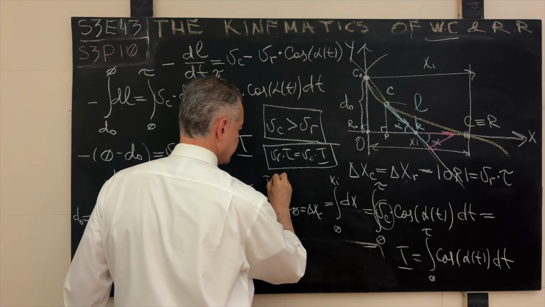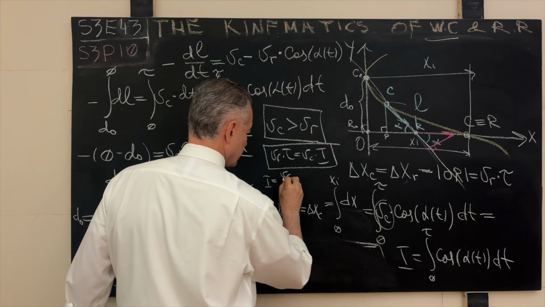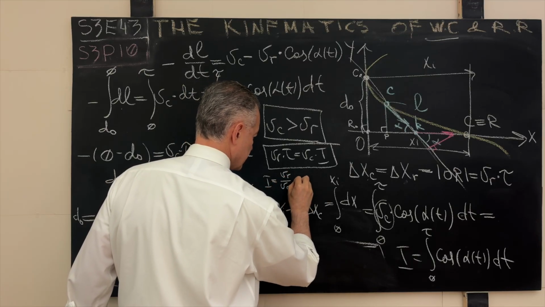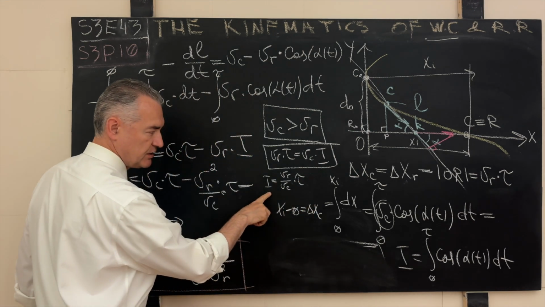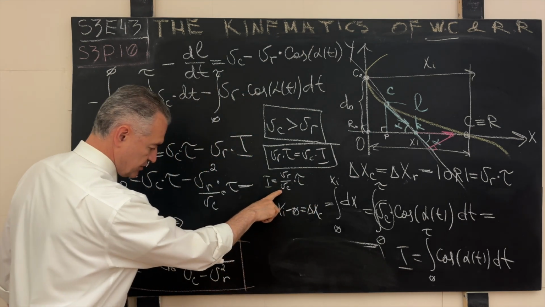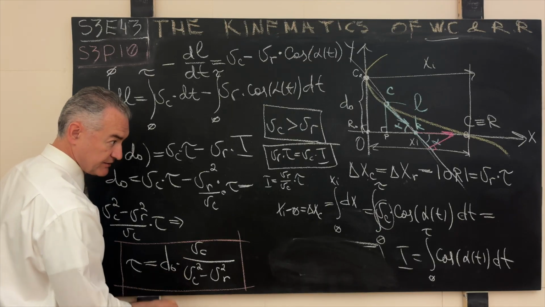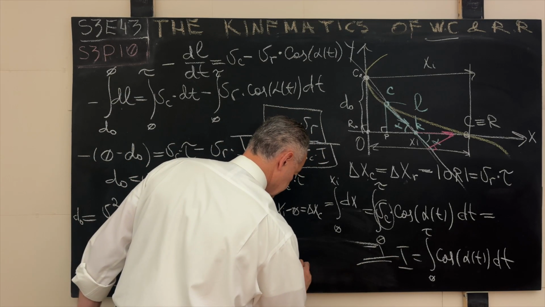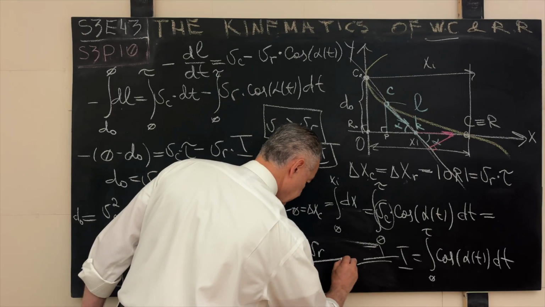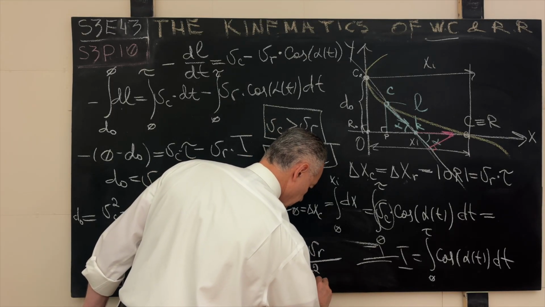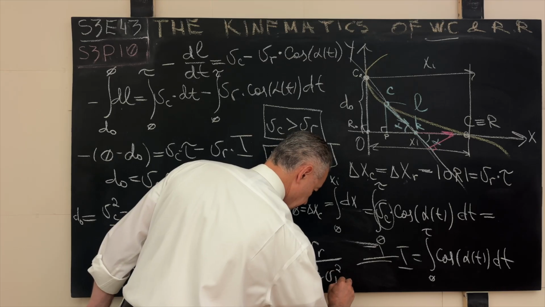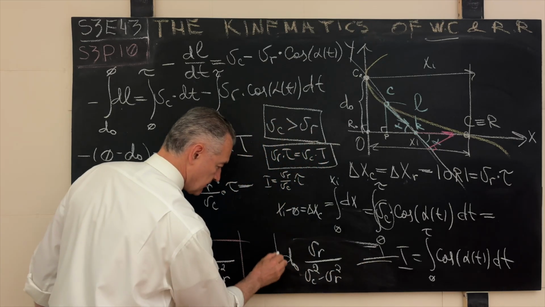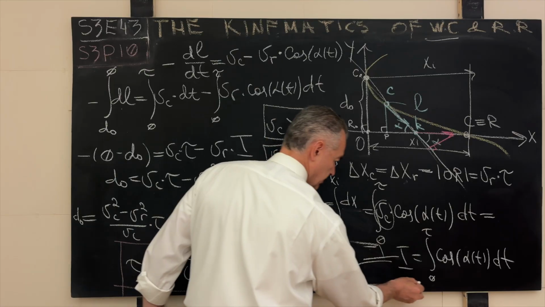So here I is equal to velocity of the runner divided by the velocity of the chaser times tau over here. You see this? Now velocity of the chaser in the denominator and numerator cancel out. So here we have this wonderful result. It will be d0 velocity of the runner divided by square of the chaser minus square of the runner. Obviously the velocities I mean by that.